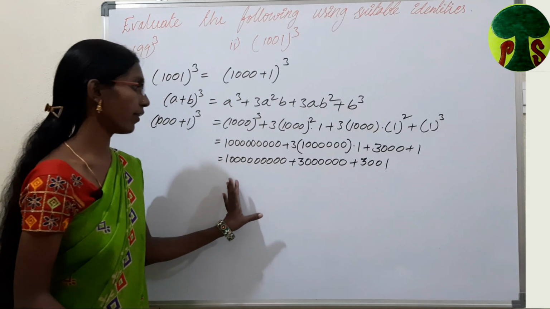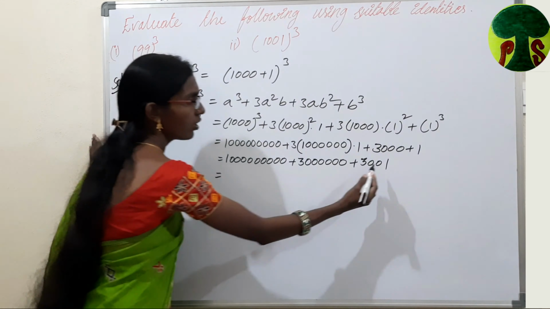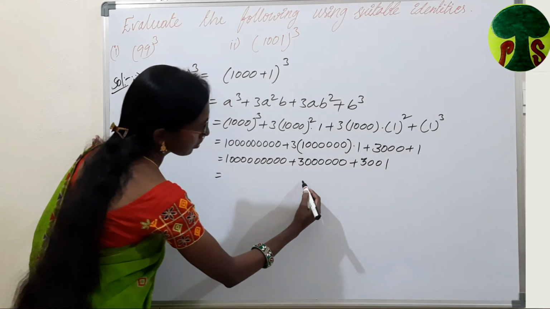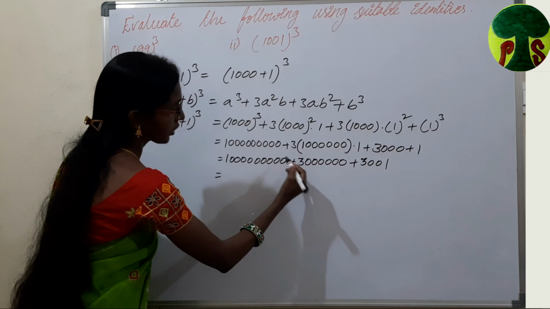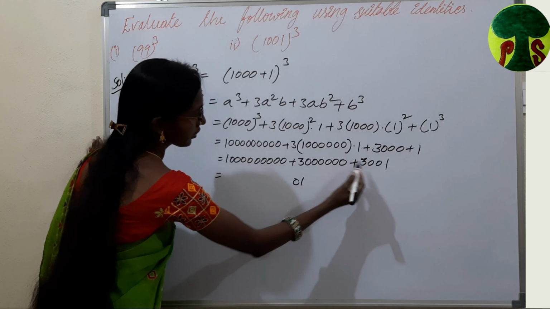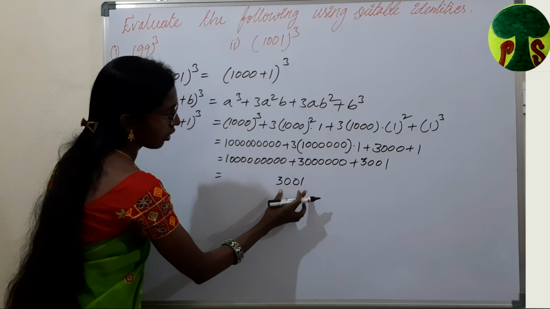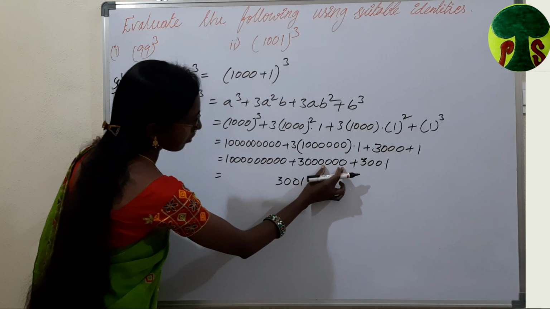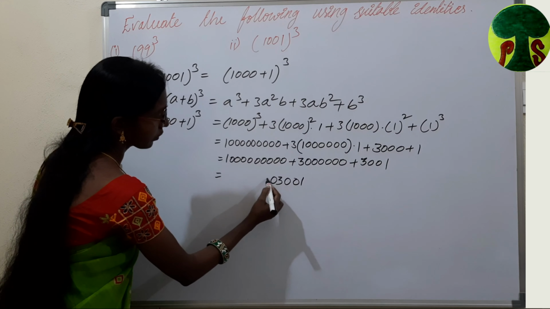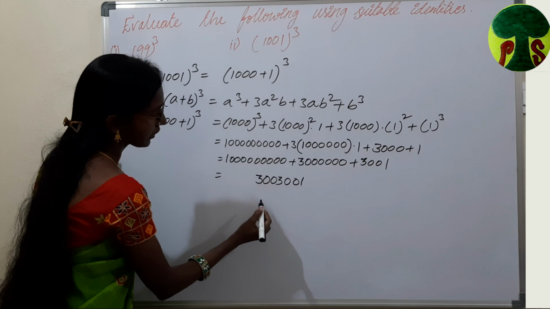Now we need to add all these numbers. So I am adding 1, 0, 0, 0, 0, which gives 0. Next we have 3. After 4 places, we have to write 2 zeros. After that 3 is there, so we write 3.